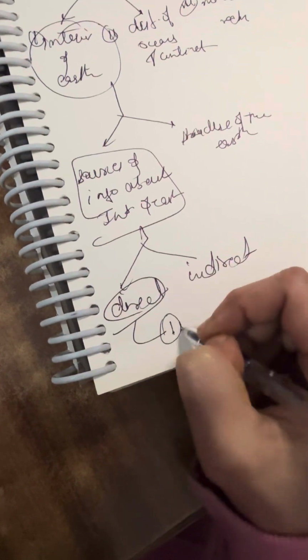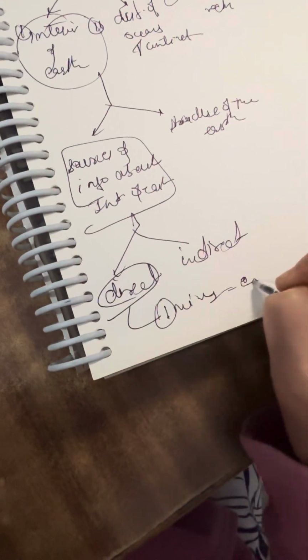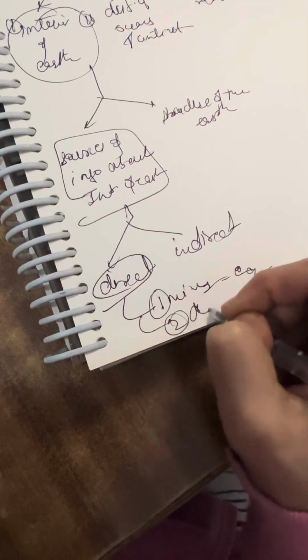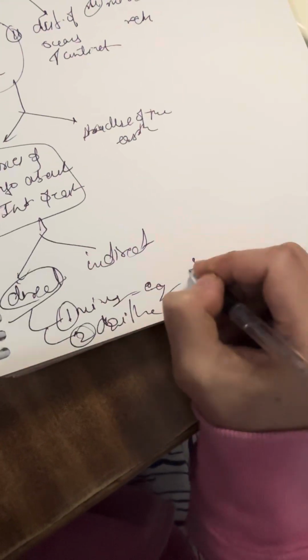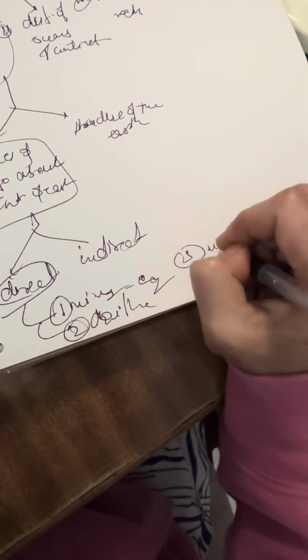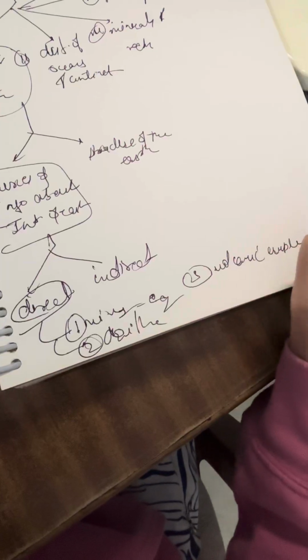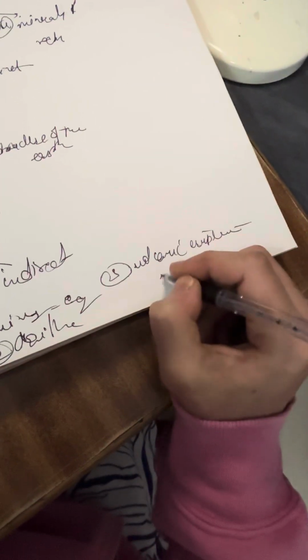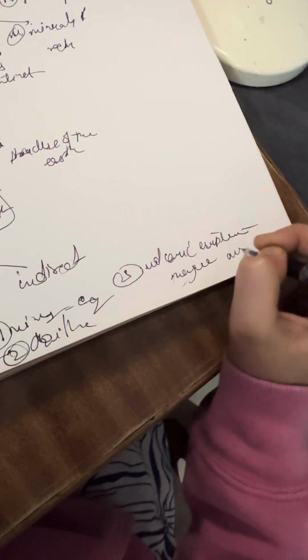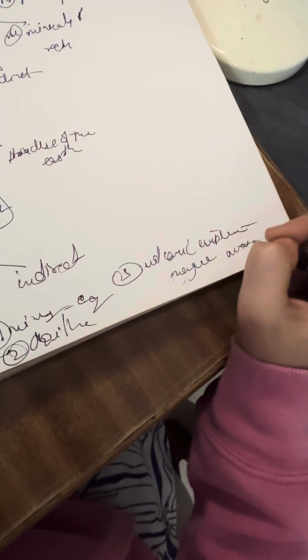In direct source, we have mining, example. Second is drilling, example, Kola 3, and volcanic eruptions, which made molten magma available for laboratory analysis.